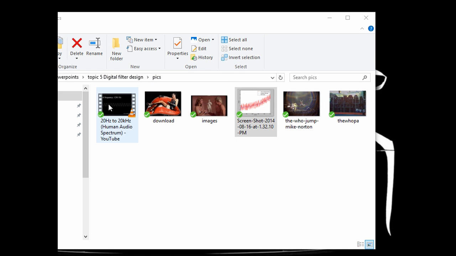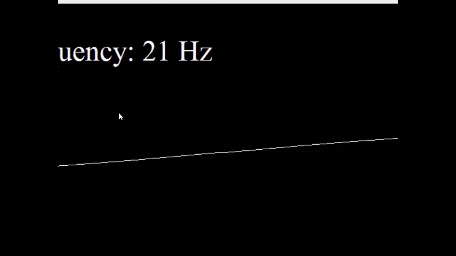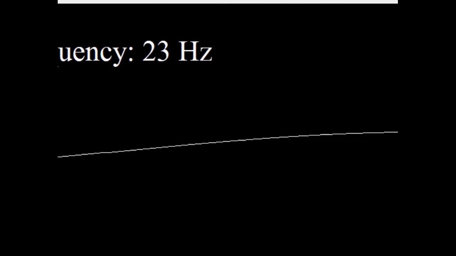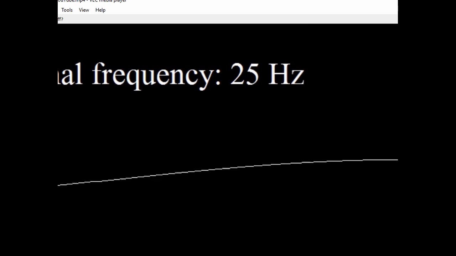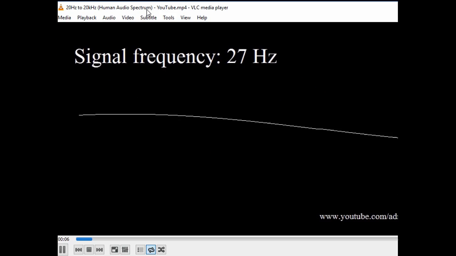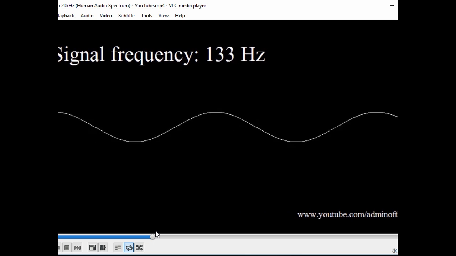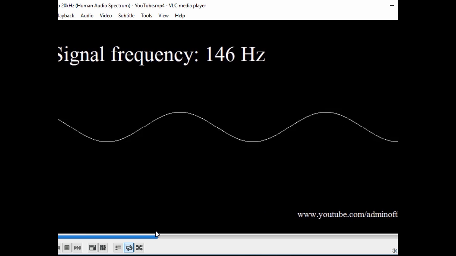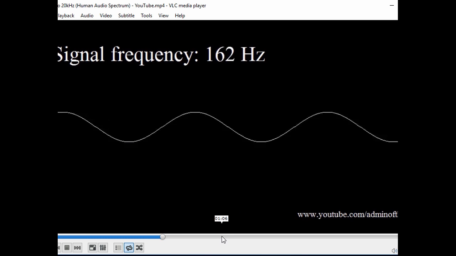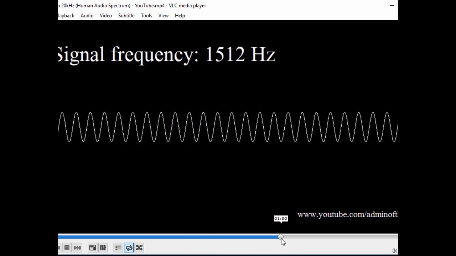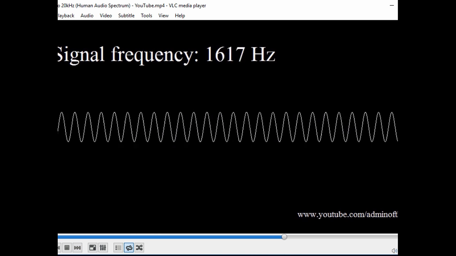Okay, if we talk about the pure sine wave again, remember this clip where we had a pure sine wave and we listened to it a bit back. Let me just play it again. You can definitely hear that sine wave: the higher the frequency, the higher the pitch, or the higher the note.